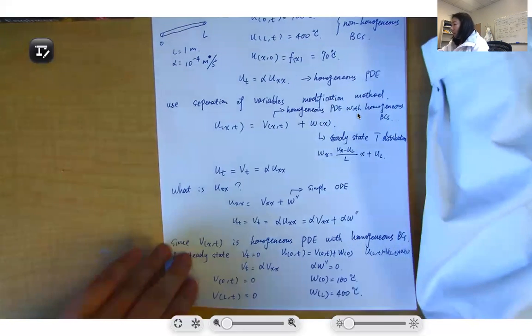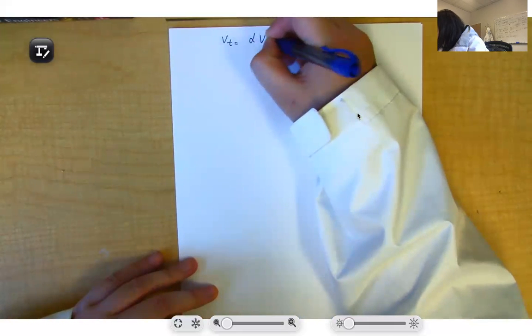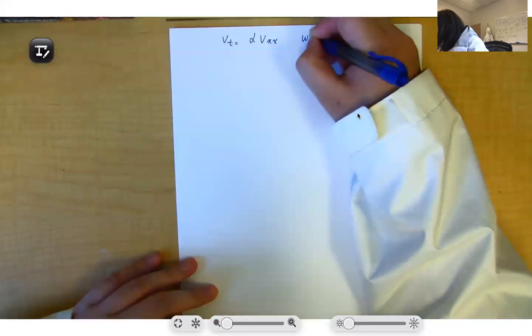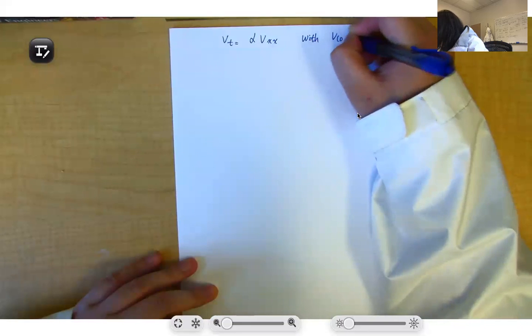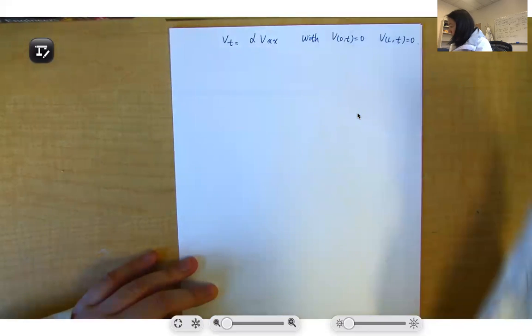Okay? So we have Vt equals alpha Vxx with V(0,t) equals 0, V(L,t) equals 0.